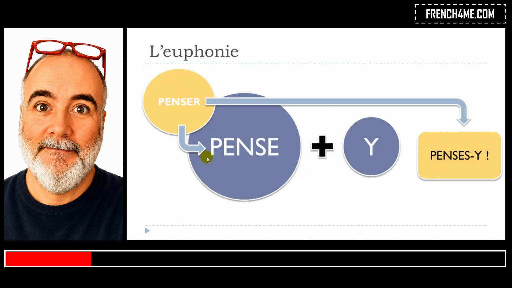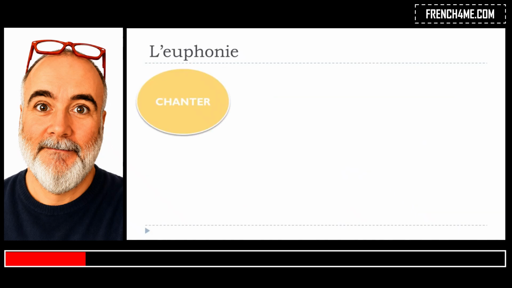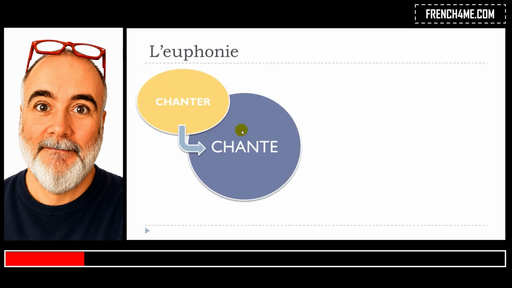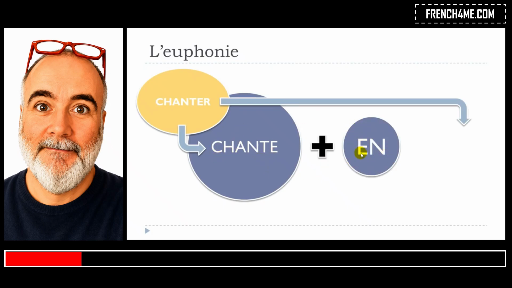So you don't keep the normal imperative form for tu, but you will put this S. Another example, chanter. Chante, and then you put en after, chantes-en. Keep in mind that you will have to keep this S to have this link between the two.